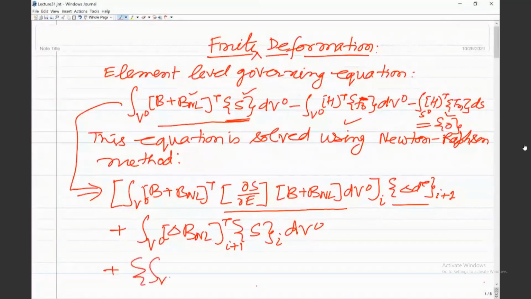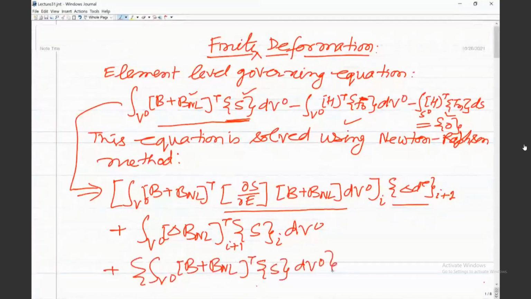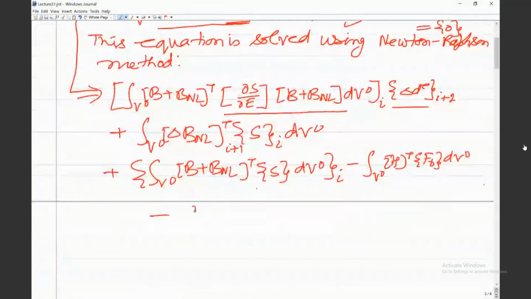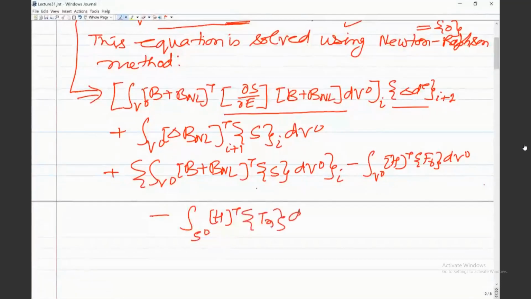So this term would be the integration over V naught of B plus BNL transpose into S dV naught evaluated at the previous iteration, and minus of course these terms: H transpose into FB dV naught, minus the integration over S naught, the reference surface area, of H transpose into Tn ds naught, is equal to a null vector.